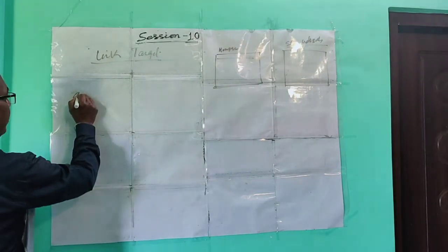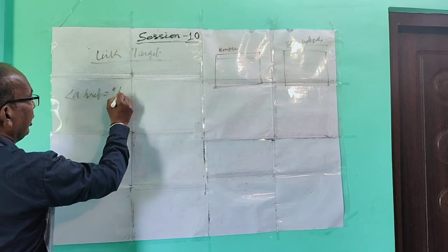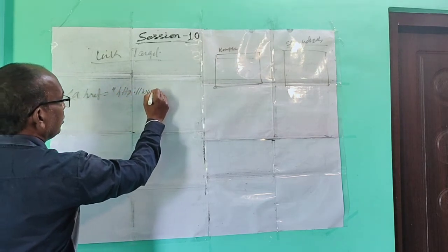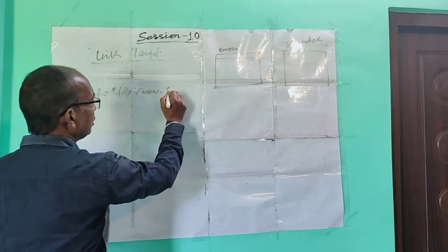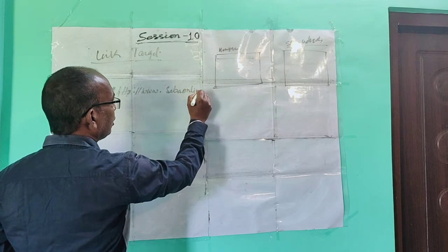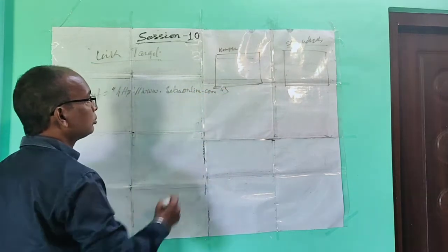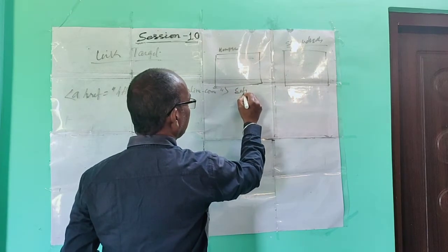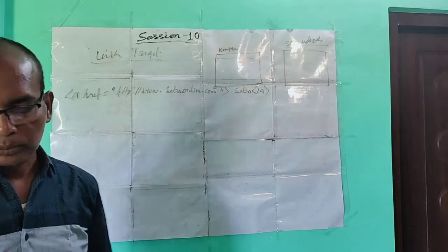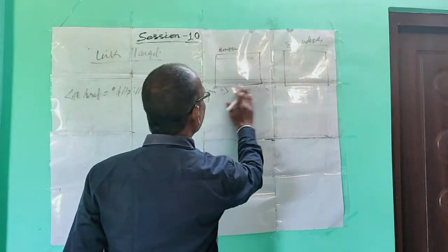See, http://www.sevaonline.com. You can write Seva, then anchor close. Sorry, target is blank, so we can use target here.